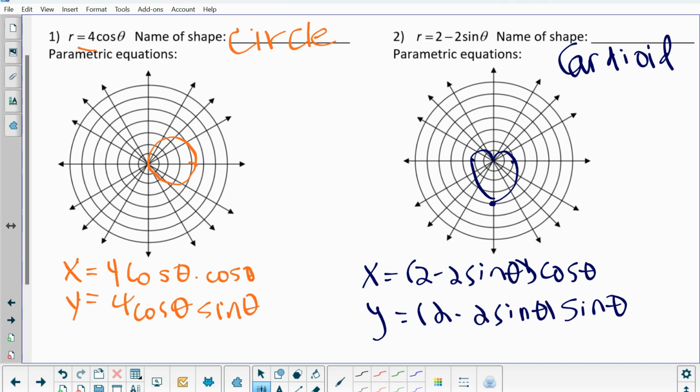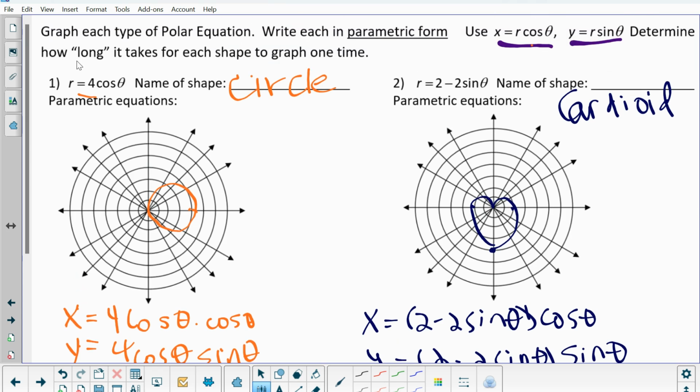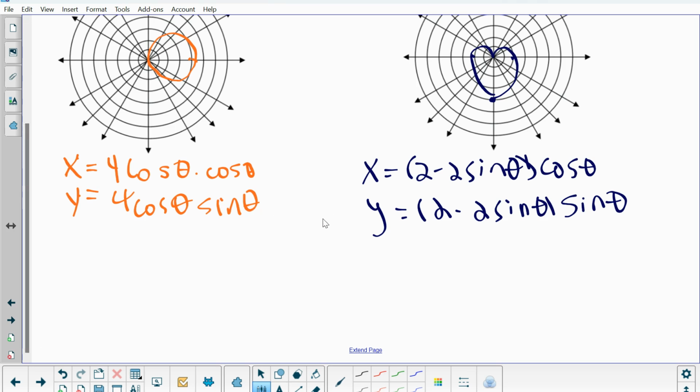Now you're also asked, where's my mouse here, to talk about how long it takes for each shape to graph. So what we're talking about is how long in terms of theta does it take for this thing to create this graph.